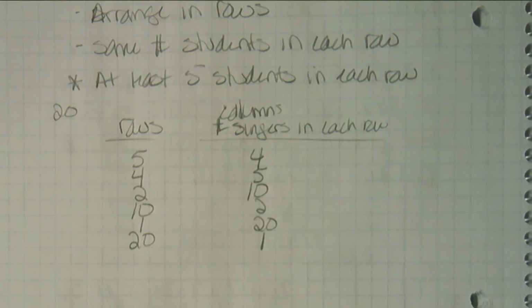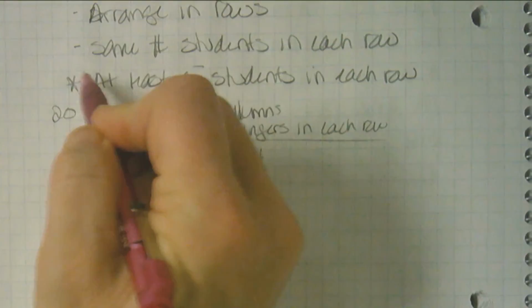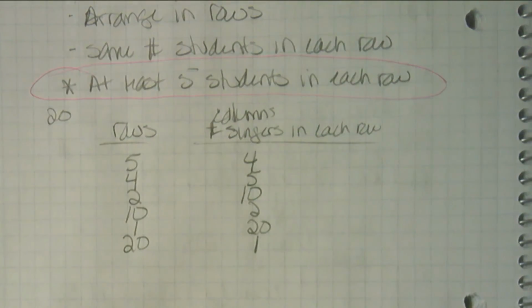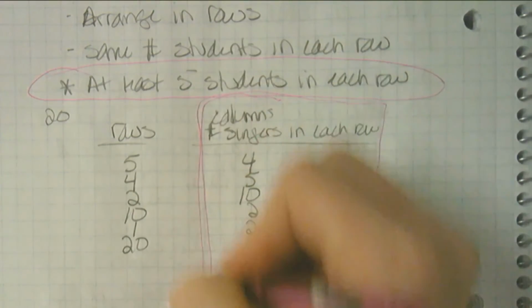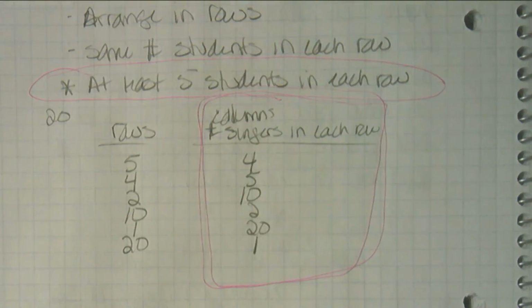What's the limitation they've told us? Mia? Yep, I have to have at least 5 students in each row. So I'm looking at my number of columns to determine that. So, Mia, which ones don't meet that qualification?